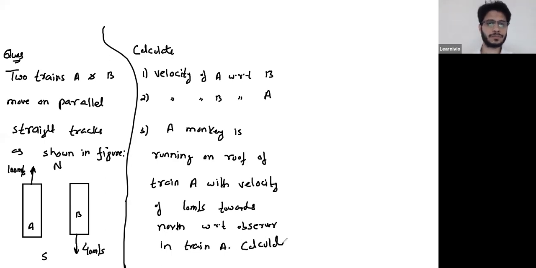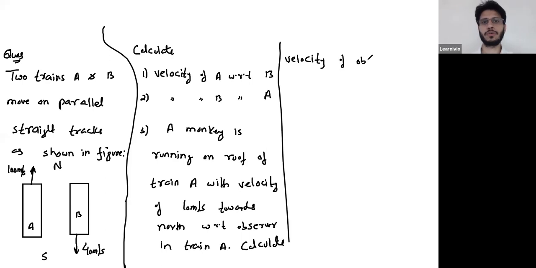Calculate velocity of observer with respect to ground. So you're supposed to calculate the velocity of observer with respect to the ground. So let's solve this calculation.